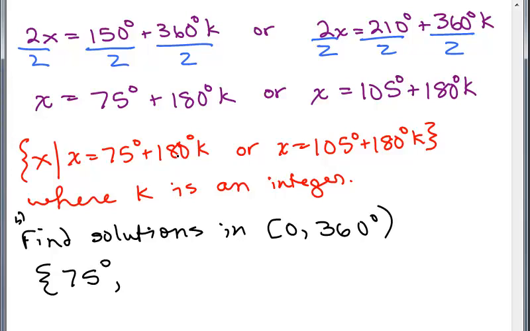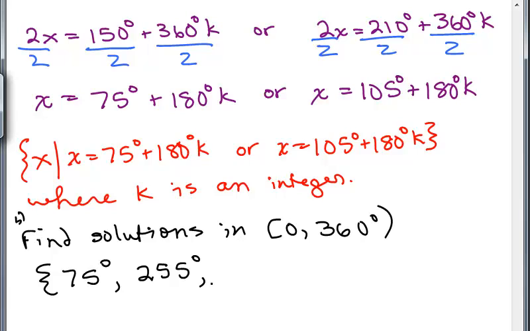Is that still less than 360? Yes. So I also get 255 degrees. Now what if I added 180 degrees again, in other words, 180 degrees times 2? If I add 180 to 255, now I'm over 360. So these are the only two solutions I get from this first part, x equals 75 degrees plus 180 degrees k.